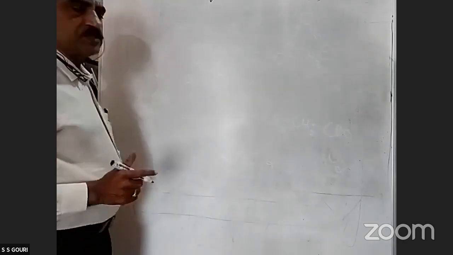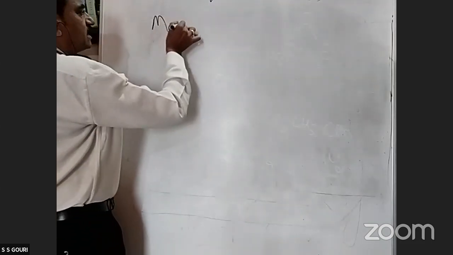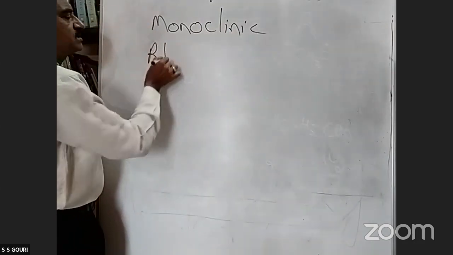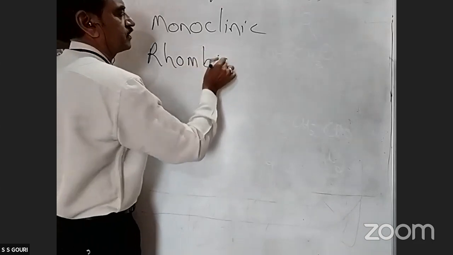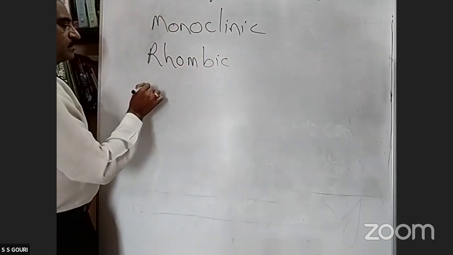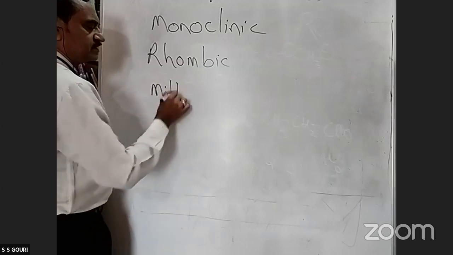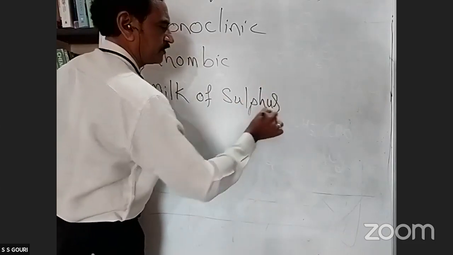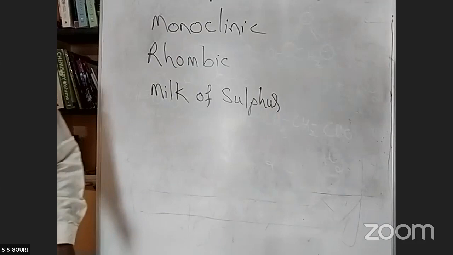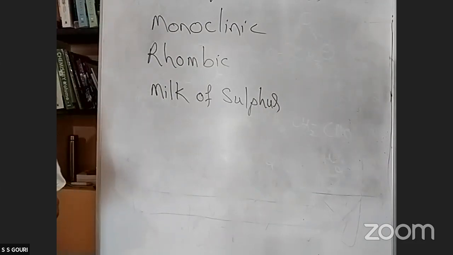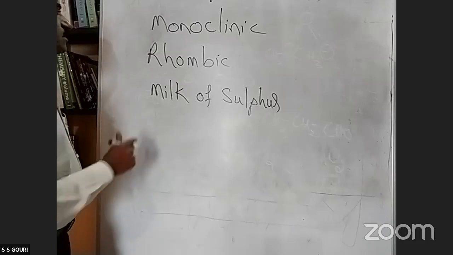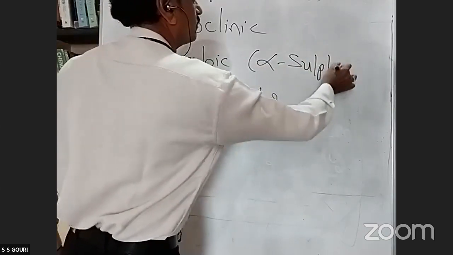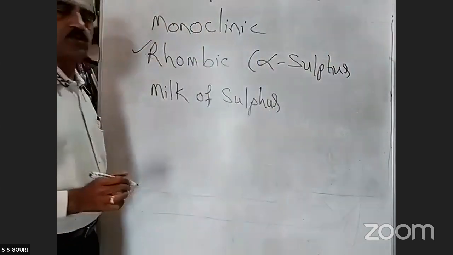The different allotropes of sulfur are monoclinic sulfur, rhombic sulfur, milk of sulfur, and prismatic sulfur. Rhombic sulfur is often called alpha sulfur. You usually come across these two sulfurs, rhombic and monoclinic sulfur.